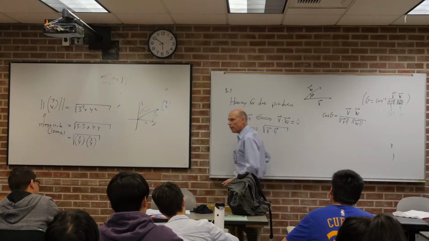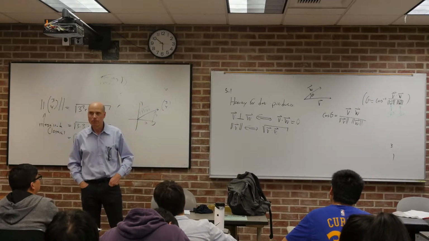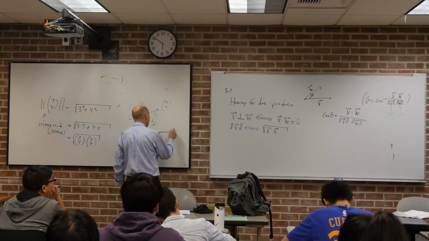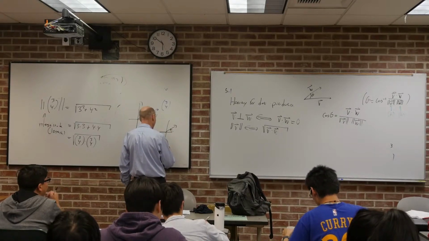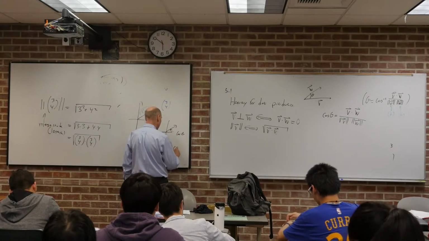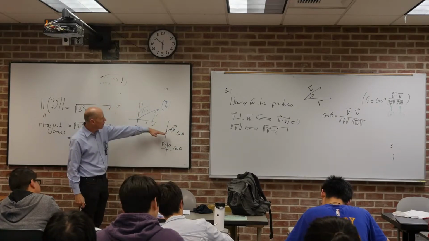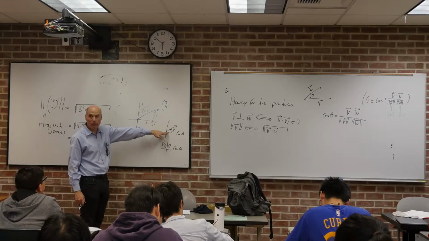Do you know that the lengths or the magnitudes of vectors are always positive? And if I have a first quadrant angle, is cosine positive or negative?